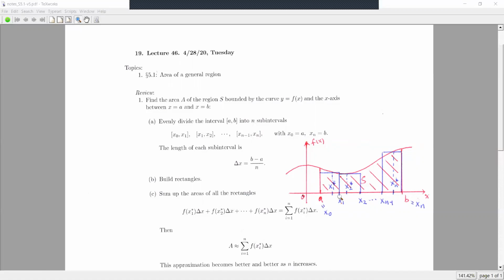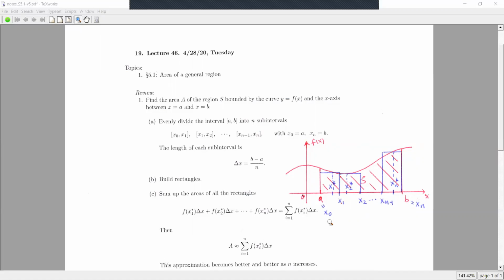Here, I have cut the interval AB into n subintervals. The cutting points, I name by x0, x1, x2, x3, and so on.